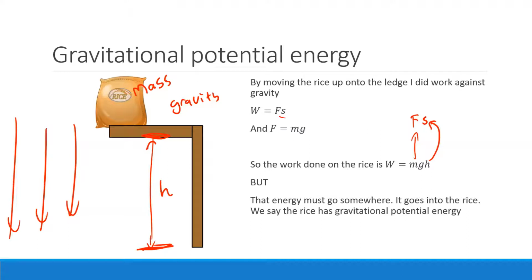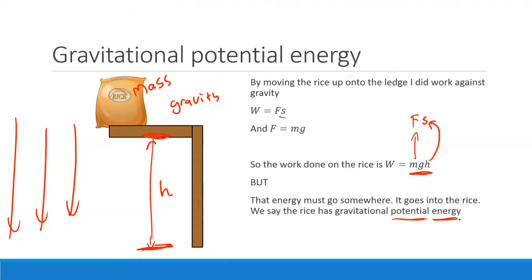It doesn't go into the rice in that it makes the rice warmer, like squishing a balloon might heat the balloon up. No, in this case, it's not in the form that we would usually refer to. It is in the form of gravitational potential energy. That means we've stored this mgh energy in the form of potential energy.